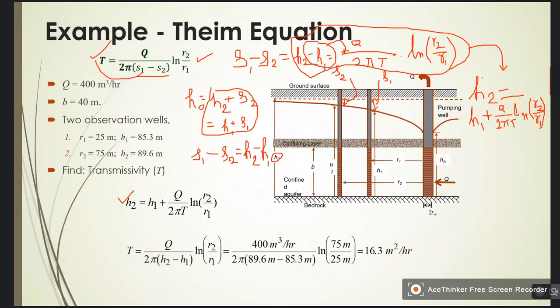So this equation is the same as this equation.